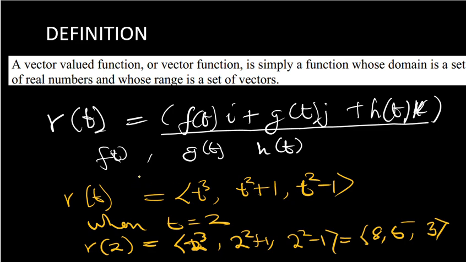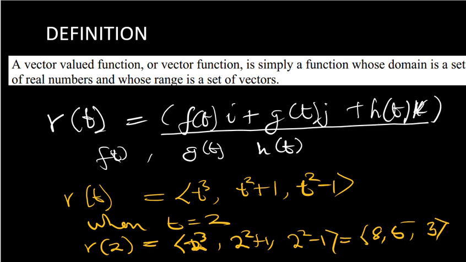That is why we say a vector function is simply a function whose domain is real numbers, but the output is vectors. So the range, which is the output, is a set of vectors. Good.